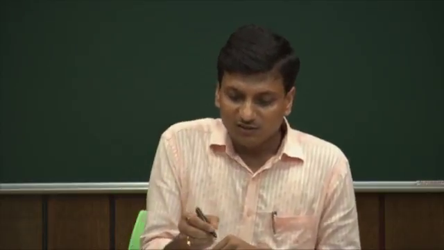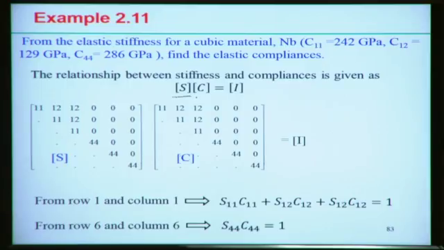The elastic compliances and elastic stiffness hold a specific relation: when the two matrices are multiplied, they give the unit matrix, or identity matrix, in which the diagonal elements are 1 and the other elements are simply 0.